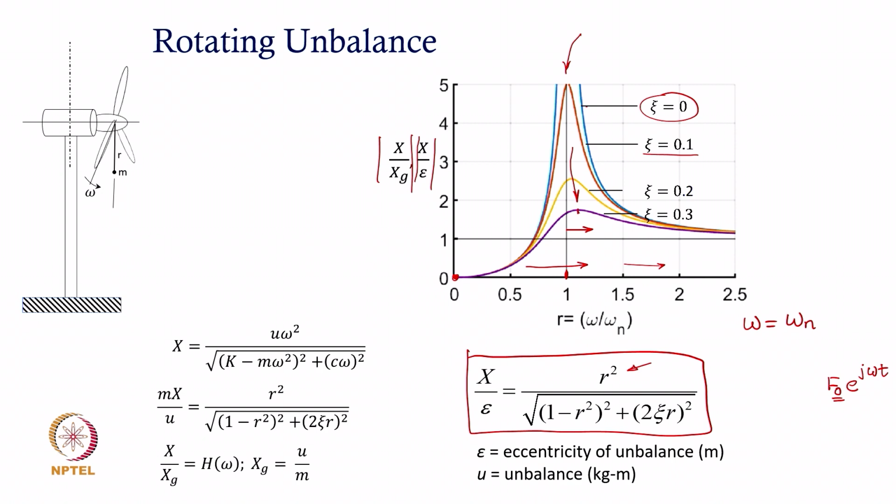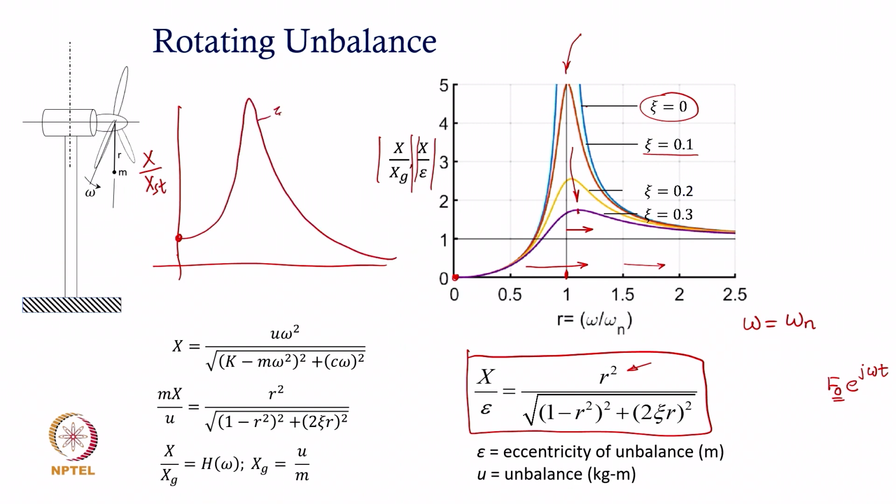Okay. This same graph, if you remember, when it was plotted for x over zero frequency deflection, the dynamic magnifier actually started from the value of 1, and let us say this was for damping equal to 0.1. For a higher level of damping, the peak actually shifts towards left.